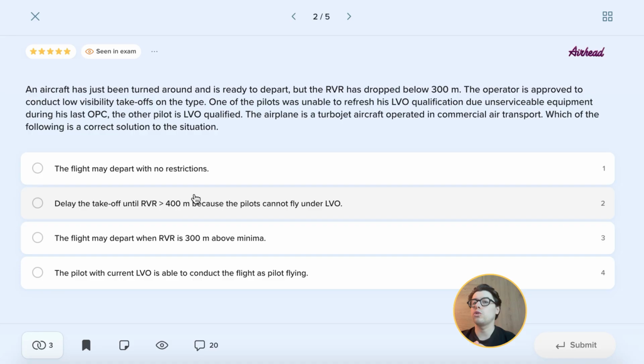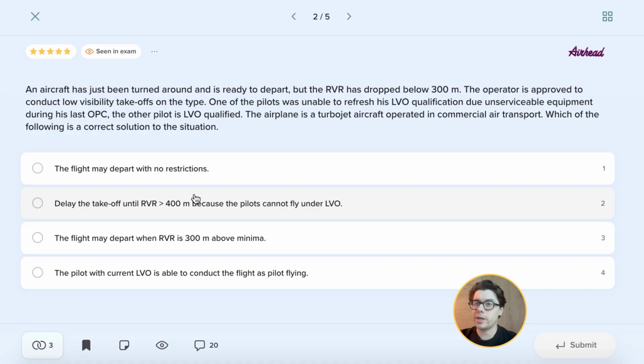Now, here you need to just remember a couple things that I will tell you, especially for the exams. First of all, in order to conduct LVO operations, all crew members need to be approved and need to hold qualifications. This is also part of the LVO briefing that will be done before all LVO operations, and this will be provided in the briefing packs by the airline or the operator. Also, remember here that by definition, LVO operations, whether it is a takeoff or approach, start below 550 meters.